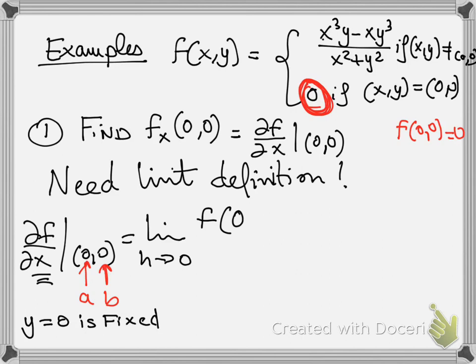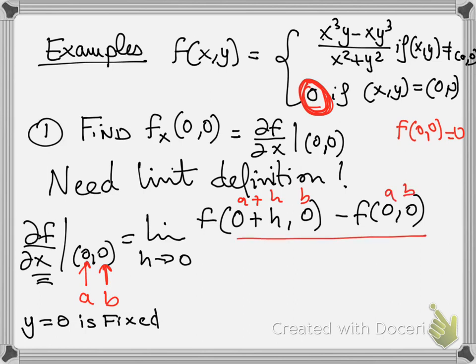So that's f of (0 plus h, 0) minus f of (0,0), that is f of (a plus h, b) minus f of (a,b), over h.